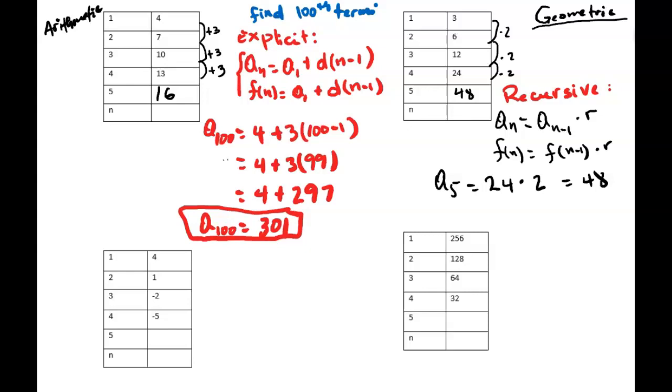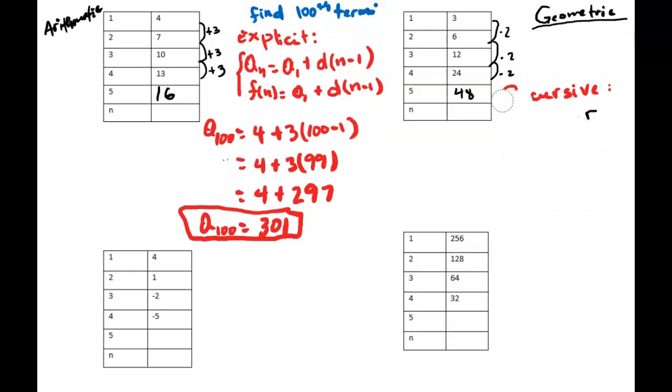Remember, the recursive formula allows you to find the next term, but the explicit formula allows you to find any term of that sequence. So I'm going to erase this and write out the explicit formula.